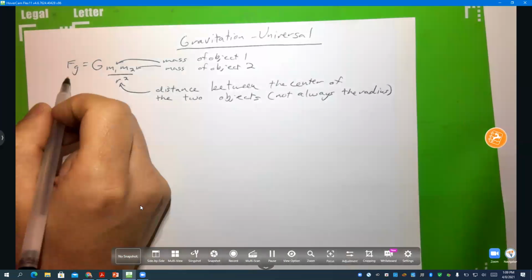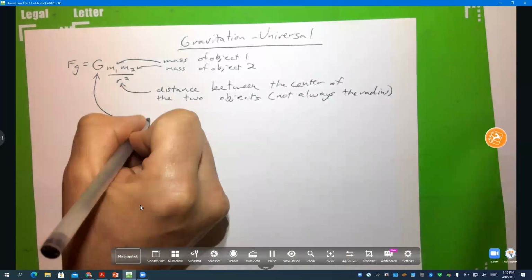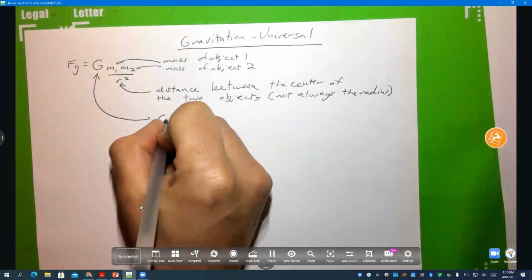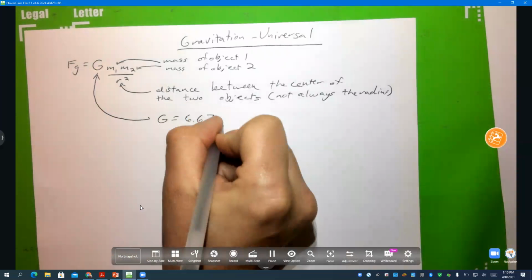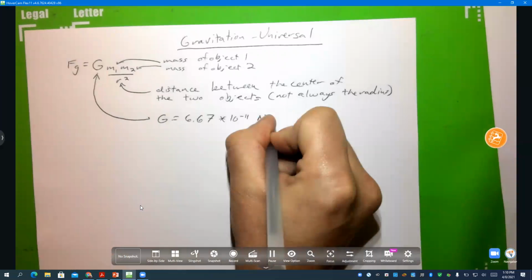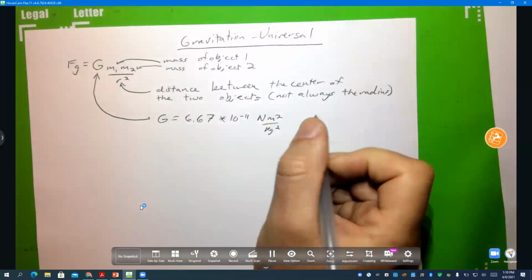All right. And then G, this is something you definitely don't need to memorize, but this big G is 6.67 times 10 to the negative 11 newtons meters squared over kilograms squared.